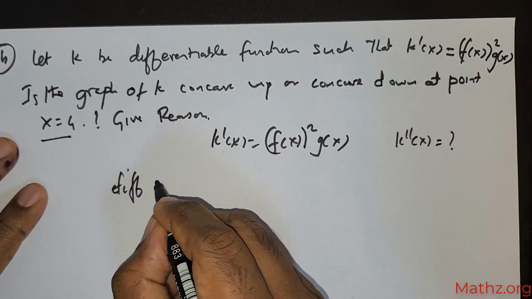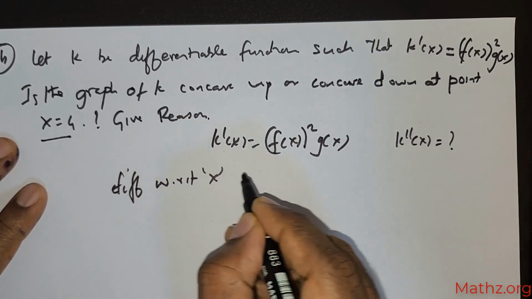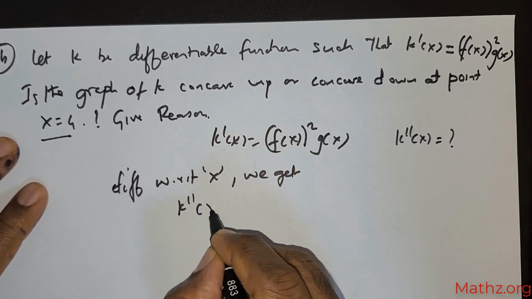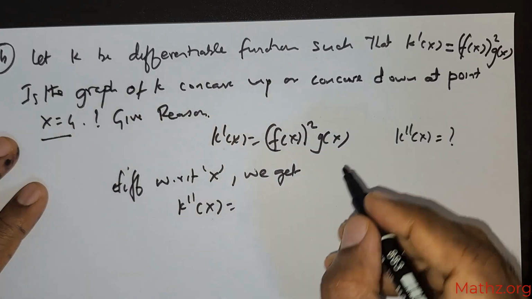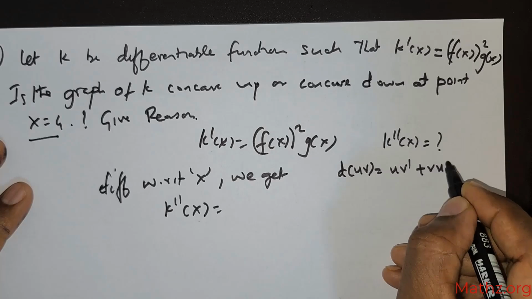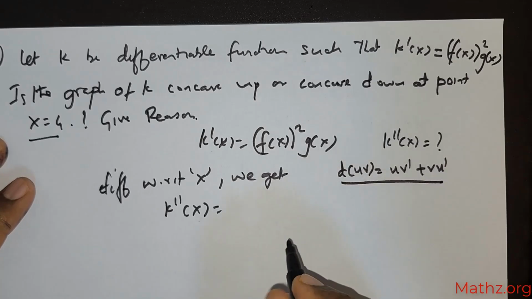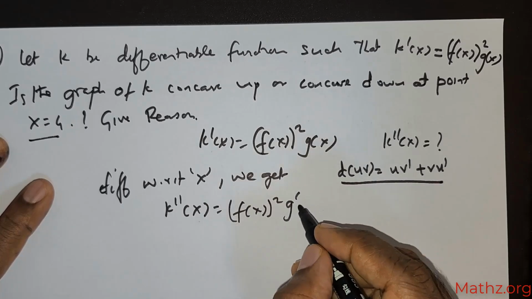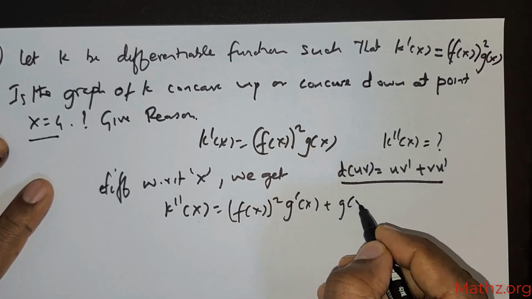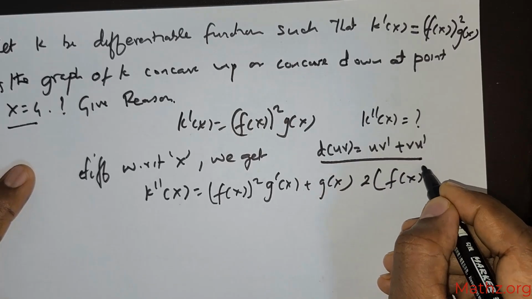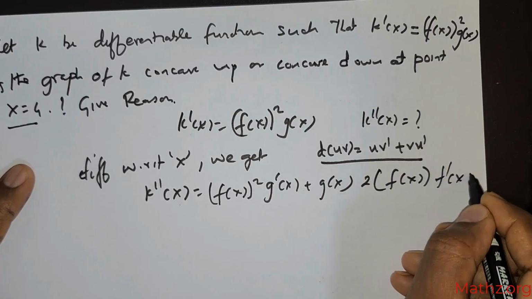Differentiating with respect to x, k double dash of x is equal to, I'm going to use the uv formula. So it's going to be u times v dash plus v times u dash. So f of x whole square, differentiating g, I get g dash of x, plus g of x, differentiating this will give me 2 times f of x times f dash of x.